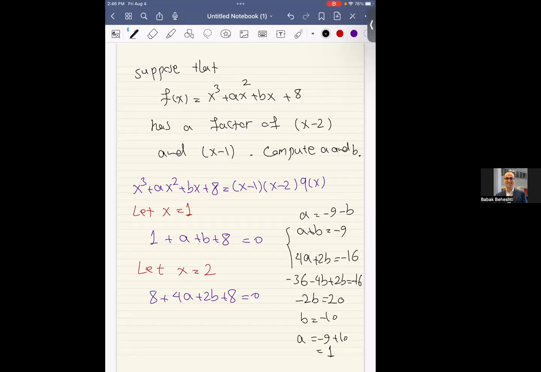That's it. So if you want to factor these equations, you have to factor x minus 1 and x minus 2, and the remaining part can use the cube of x. Exactly.